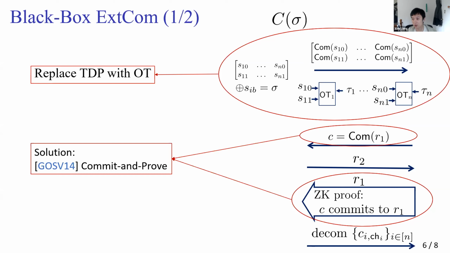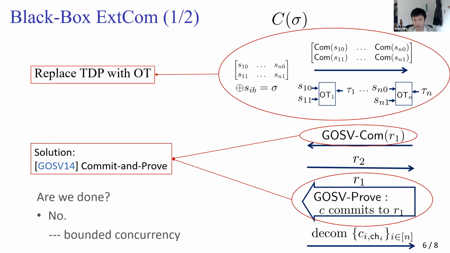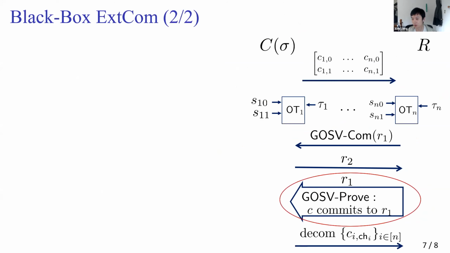However, this protocol in its current setting only achieves security in the standalone setting. But remember that this protocol will be used as a building block in a larger protocol, and we want security in the bounded concurrent setting. So this is not enough. We need this step, which is zero knowledge, to be bounded concurrent zero knowledge.